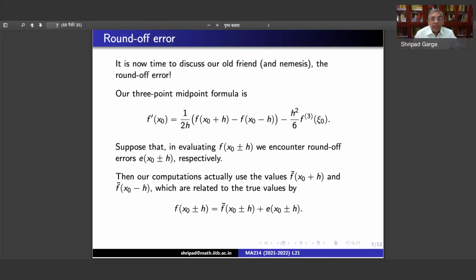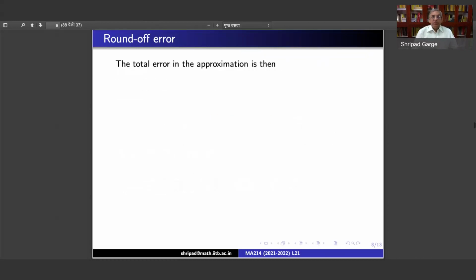The total error will be given by the rounding off error in this highlighted formula, and we will have to divide by 2h also, minus the truncation error which we have here already, the h square by 6 times the third derivative of f at xi naught. These together give you the total error.